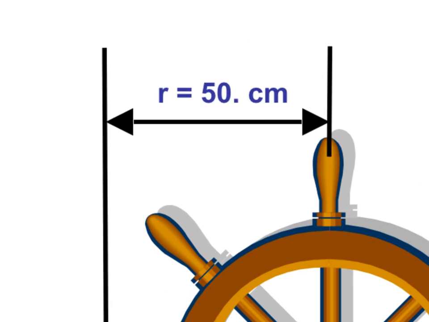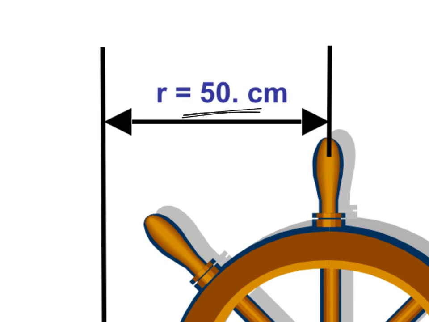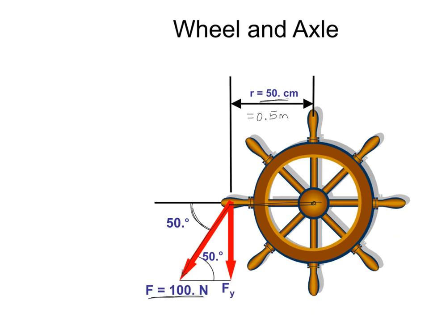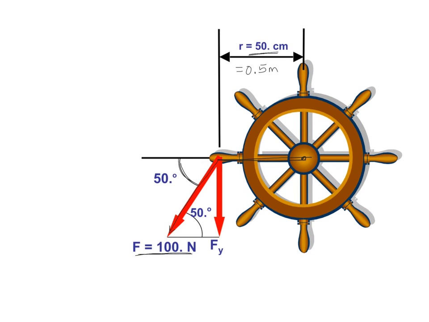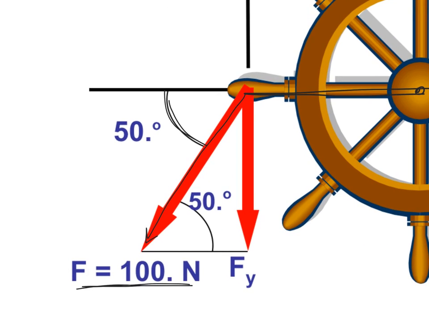So here's my distance again. It's still that 50 centimeters, and we said that that equals 0.5 meters. So we want a force that is perpendicular to that. So it can't be this right here. It has to be this F of y, the force of the y leg of my vector there.